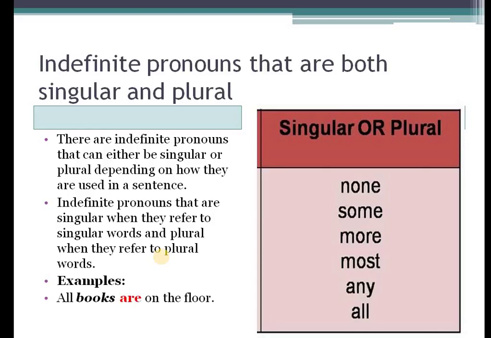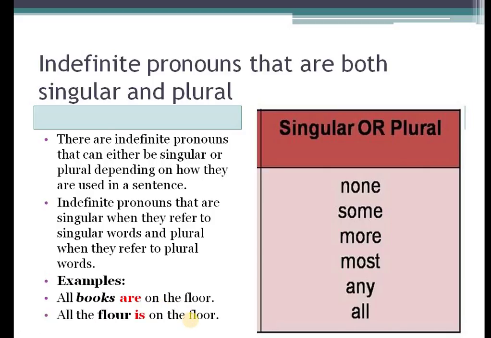Some examples: all books are on the floor. All here is the indefinite pronoun, but it refers to books. Now we're talking about more than one. It's countable. You can count it. And therefore it takes the verb without S.